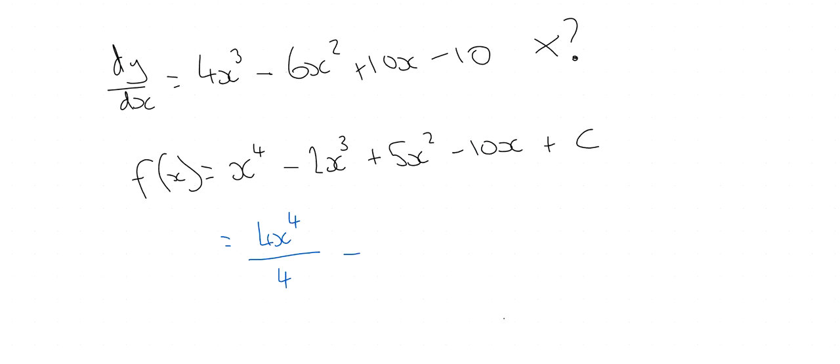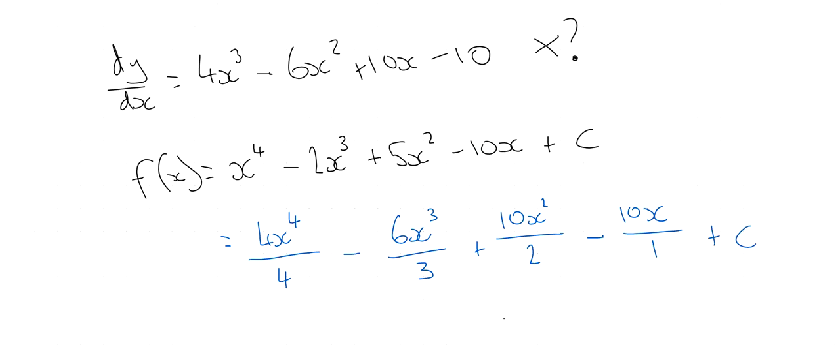So I've got 6x. I'm going to increase that power by 1 and divide by the new power. Same here. I've got 10x. I'm going to increase the power by 1, divide by the new power. Same here, I'm going to increase the power by 1, divide by the new power. And then I need a C on the end.